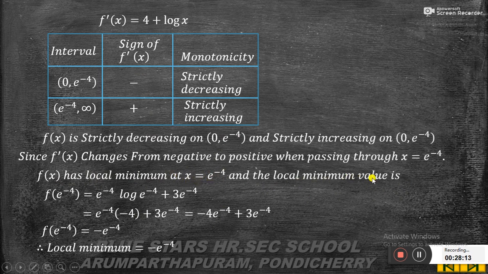Now we find the local minimum value. f of e power minus 4 equal to e power minus 4 log of e power minus 4 plus 3 e power minus 4. Therefore log e cancelled, so minus 4 e power minus 4 plus 3 e power minus 4. We add that and get the answer minus e power minus 4. Therefore the local minimum value is minus e power minus 4.